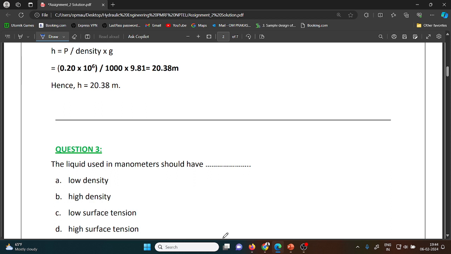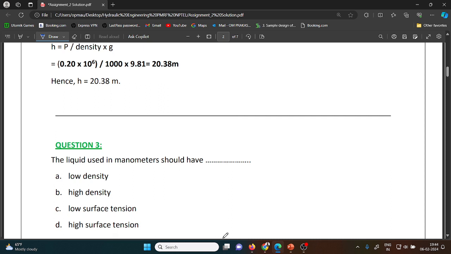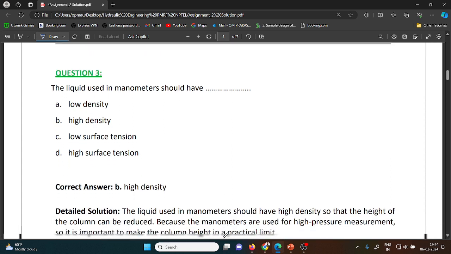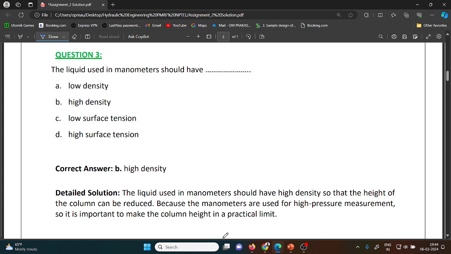If we do not take a high density liquid in the manometer, then for measuring small pressure, the length of the tube used in the manometer would need to be more. That is why we use it. I think the detailed solution is also given.